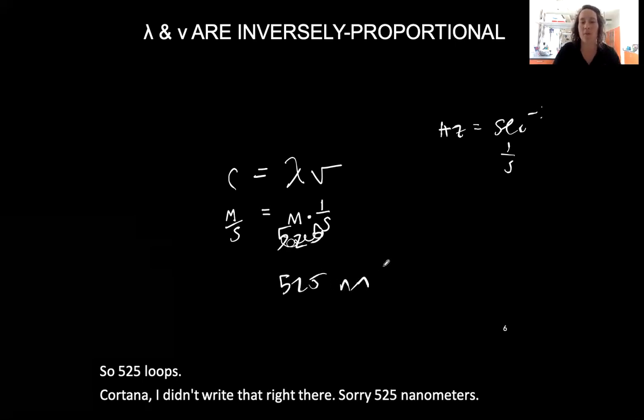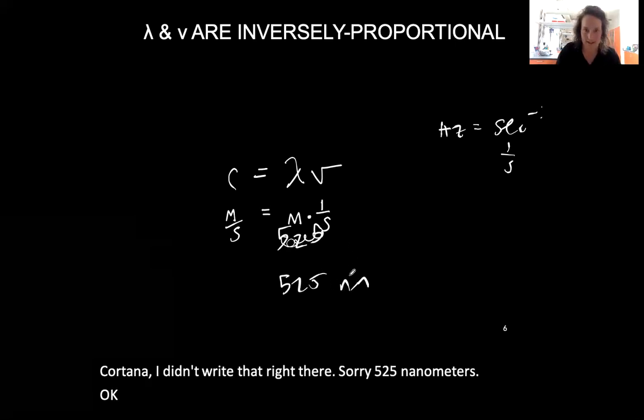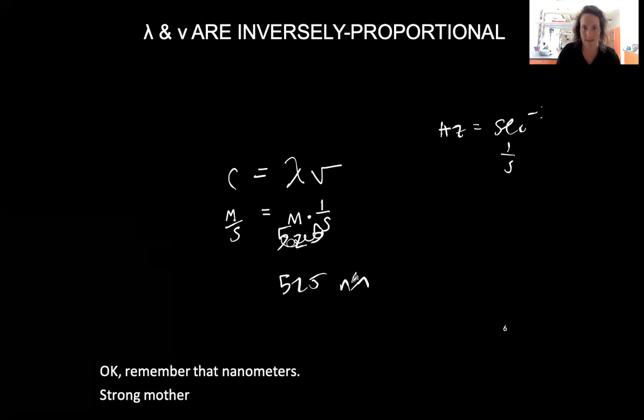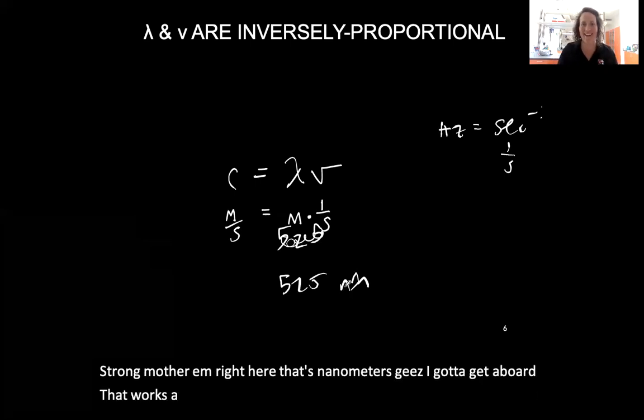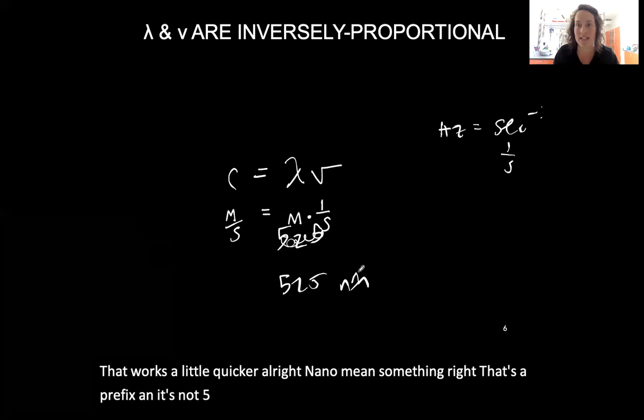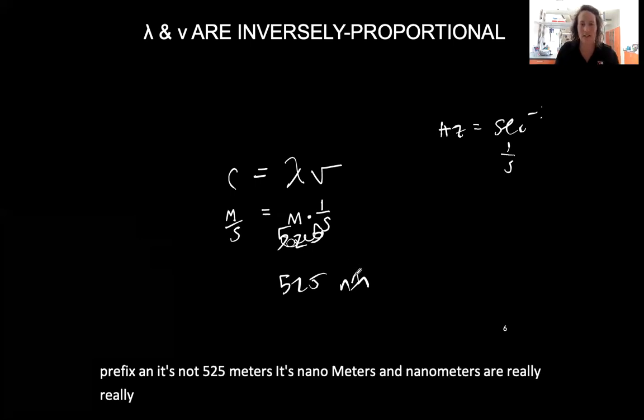Remember that nanometers, let's draw my other m right here, that's nanometers. Nano means something, right? That's a prefix, and it's not 525 meters, it's nanometers, and nanometers are really, really tiny. So nano is times 10 to the -9.